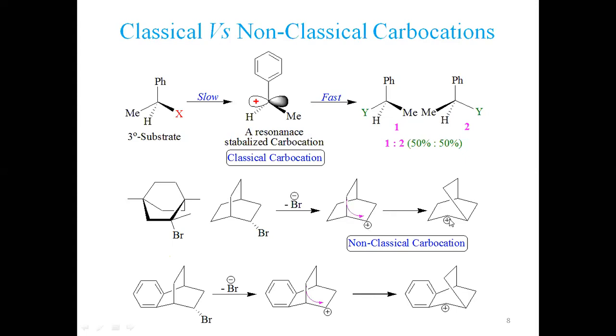Although it is generating a secondary carbocation, this secondary carbocation and this secondary carbocation have almost equal energy. But this is more stable. Why? Because it has a 6-member ring this side, and a 6-member ring the other side. Here it has a 5-member ring on one side and a 7-member ring on the other side. So this is not that much stable. This is more stable, but it does generate this, right?